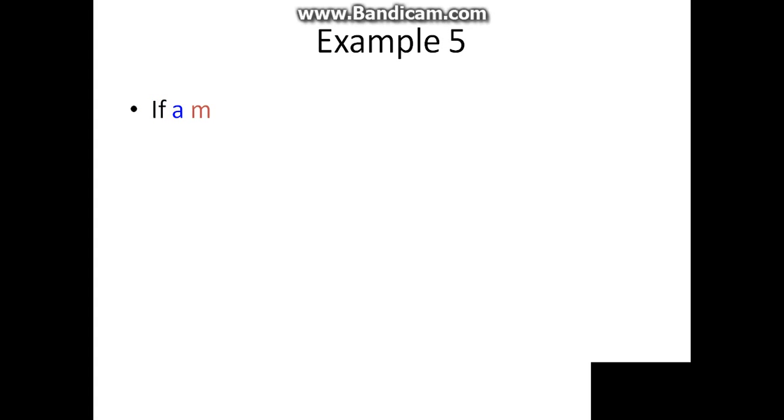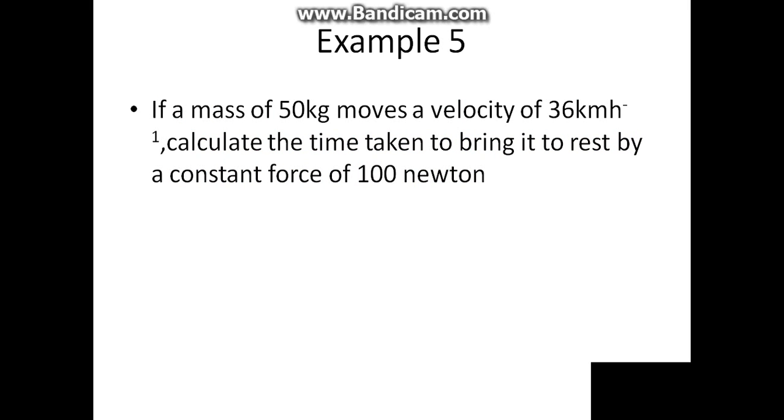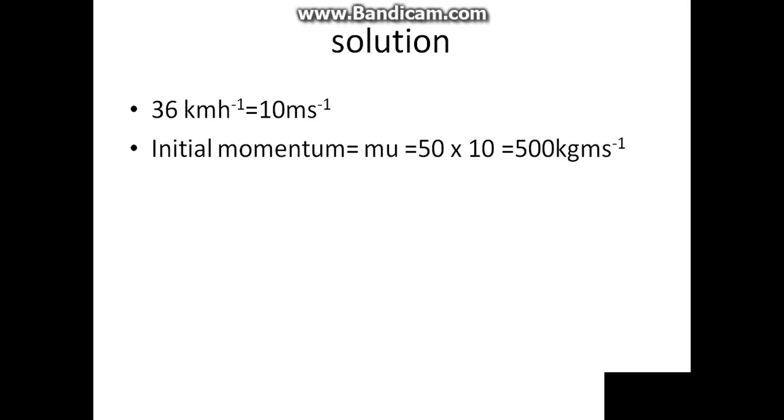Example 5. If a mass of 50 kg moves with a velocity of 36 km per hour, calculate the time taken to bring it to rest by a constant force of 100 Newton. Solution: since we want to convert kilometers per hour to meters per second, we multiply 36 km per hour by 1000 and divide by 60 times 60, which gives us 10 meters per second.